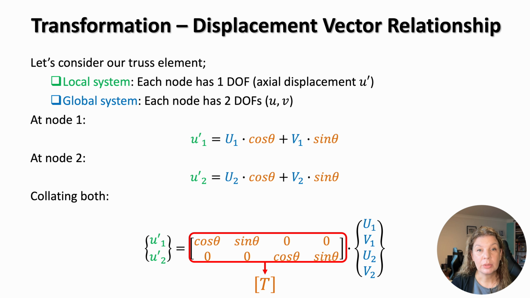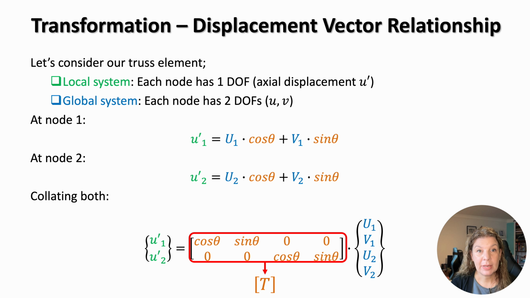At node 1, the local displacement, u1', is related to the global displacement by the geometry of the element. So u1' equals u1 cos theta plus v1 sin theta. The same relationship holds for node 2: u2' equals u2 cos theta plus v2 sin theta. If we collect these equations together, we can write them in matrix form.